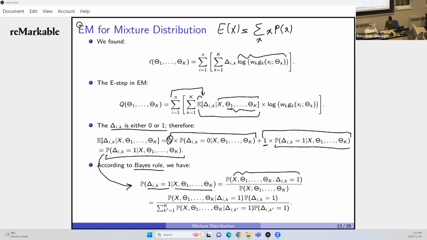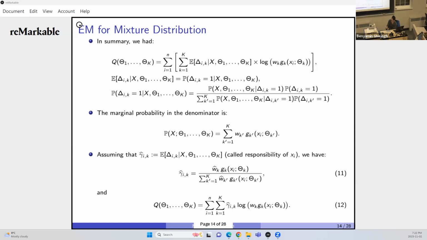Recall preliminaries. And now I can write it also as the conditional probability of x and theta given delta equals 1 times the probability of delta equals 1. In the denominator also I marginalize, right? I marginalize over all of the delta ik. So I condition on delta ik prime, but I'll sum over all of them.